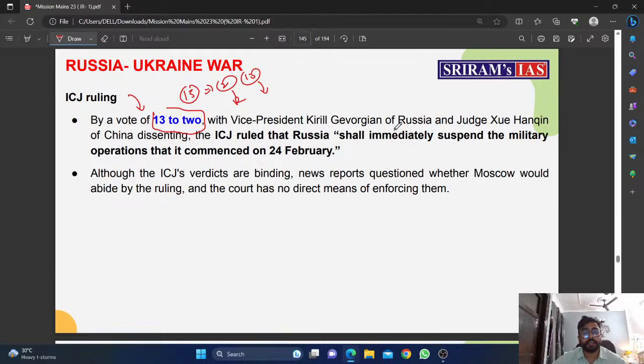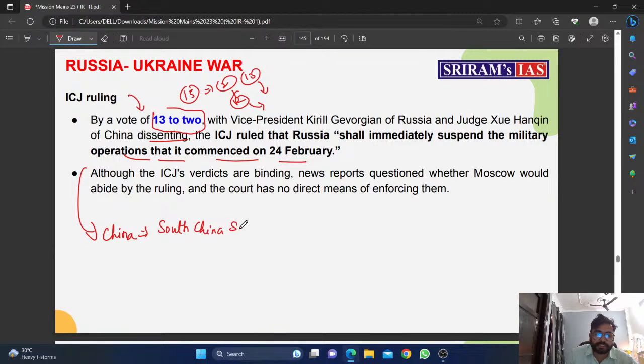Vice President Kirill Gevorgian of Russia and Judge Xue Hanqin of China are the ones who gave their ruling for Russia, whereas all other judges sided against, and they held that Russia should immediately suspend the military operations that commenced on 24th of February. Although ICJ verdicts are binding, you will see that nobody abides by the ruling. Like a similar ruling came against China as well in the South China Sea.